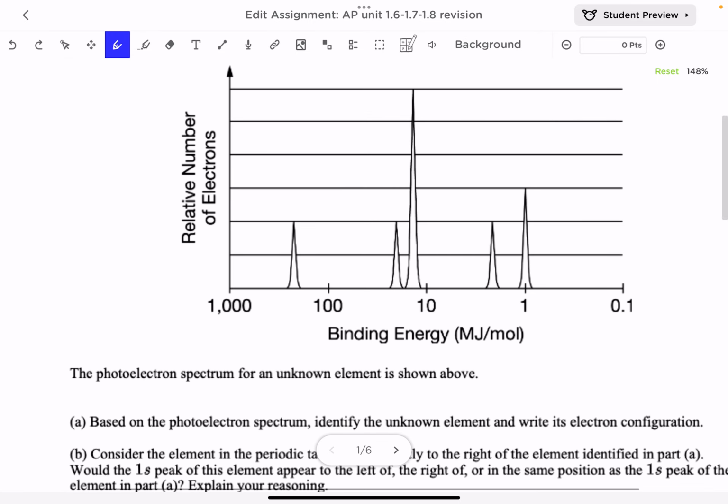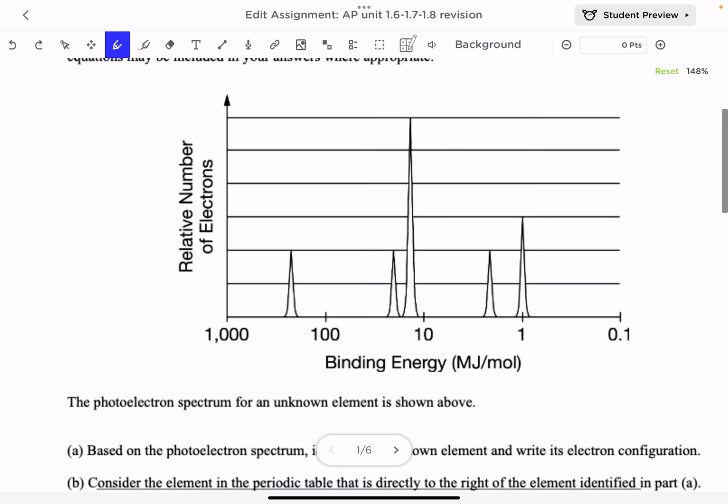Here in the figure, it shows a photoelectron spectrum. I want you to know that the photoelectron spectrum shows the number of electrons versus their binding energy, the energy that we need to give the atom in order to remove an electron. That's the binding energy.